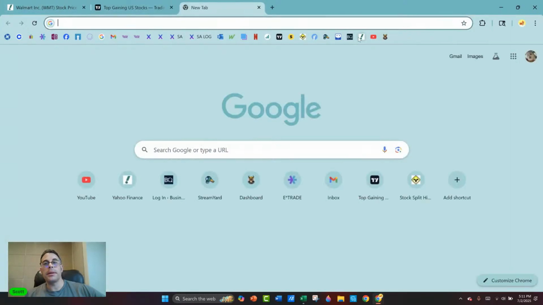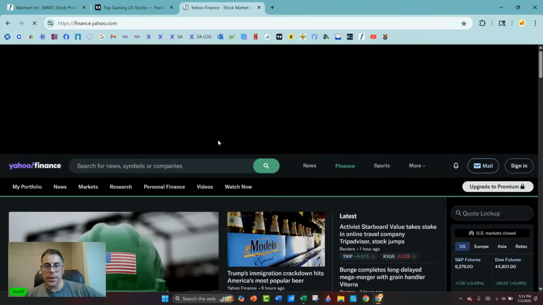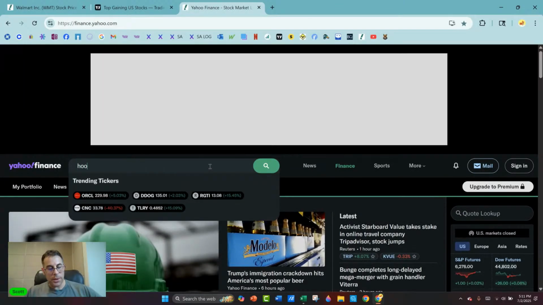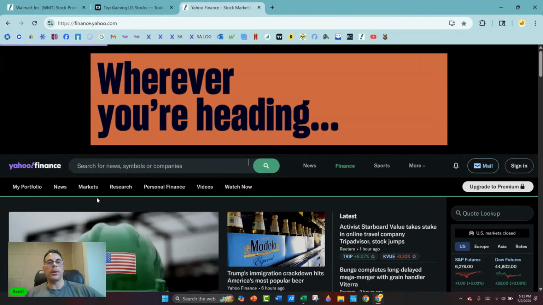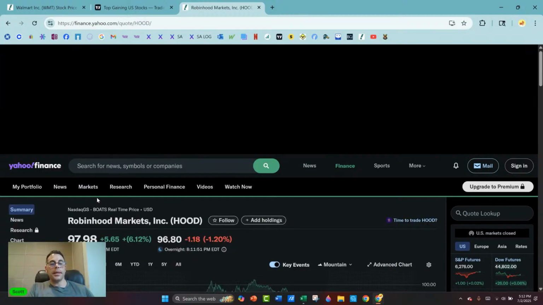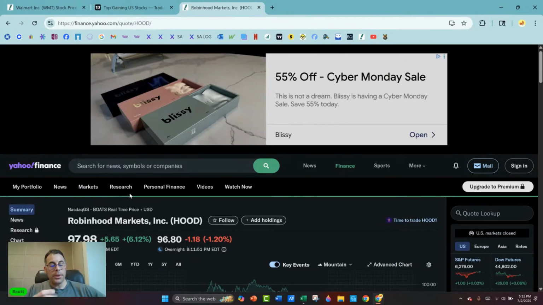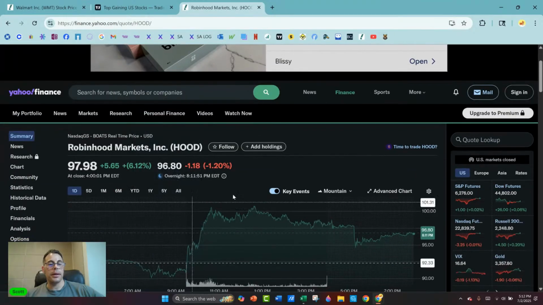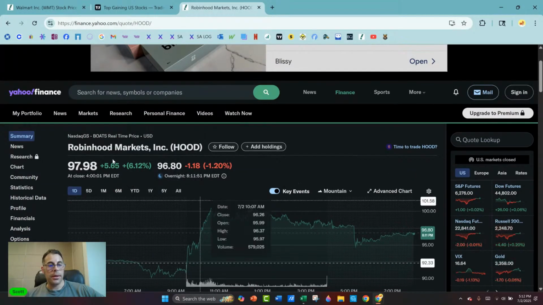Oh, Robinhood did well today. Well, if Webull is up, I'm sure Robinhood is up. Because when crypto moves, then stocks connected to crypto, like Robinhood, move, because people trade crypto. That went up 6%.